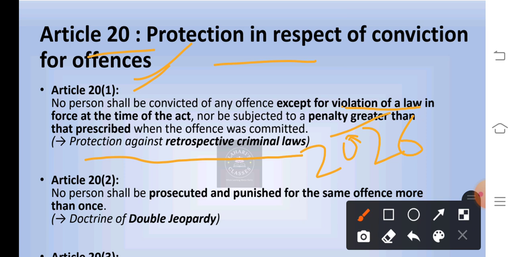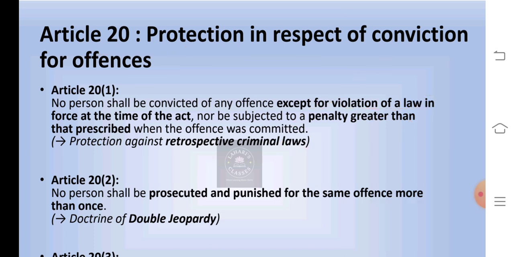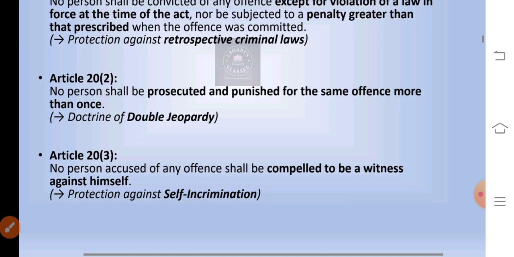That doesn't mean that those who smoked before 2026 will all be put behind bars. No, the act will apply from 2026 onwards, on those people who smoke publicly from 2026, not any time before that. And next is Article 20 Clause 2.